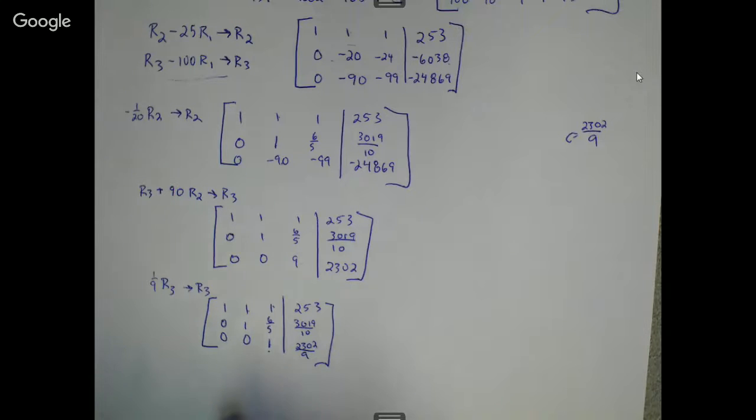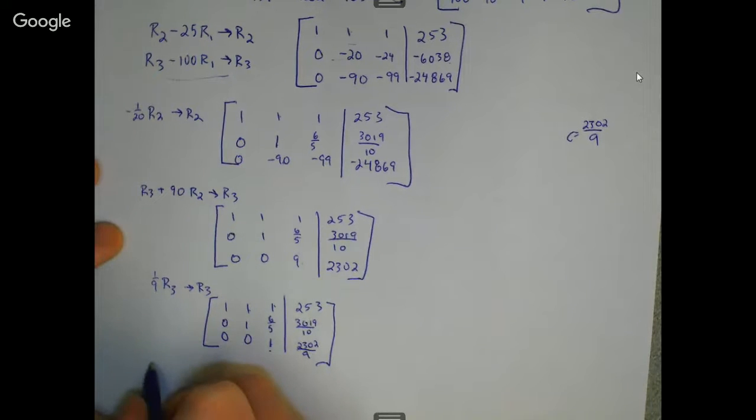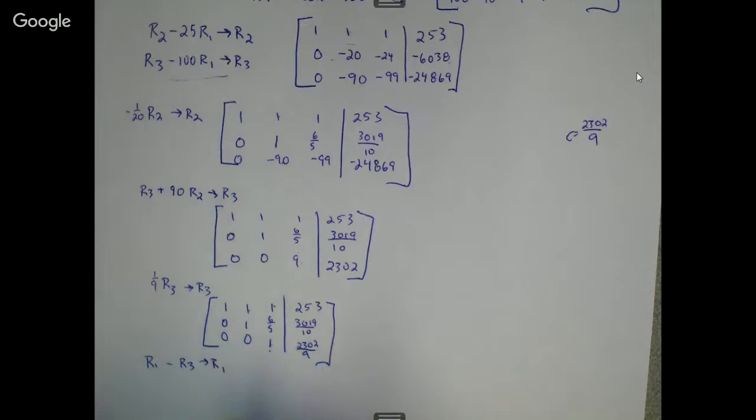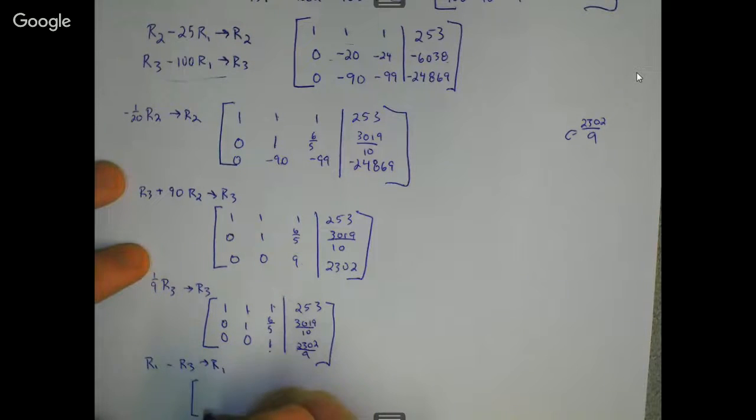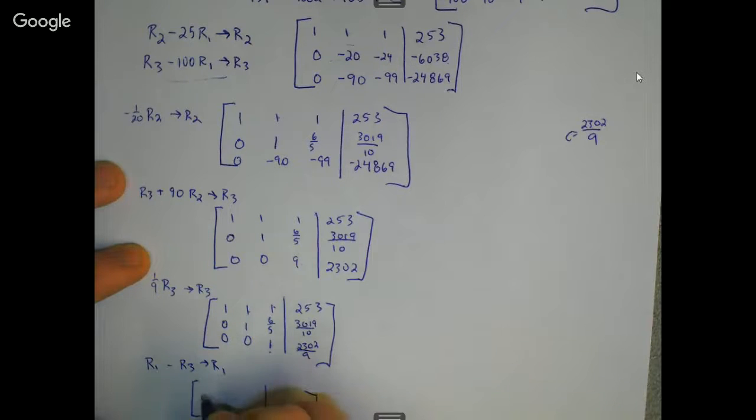Okay, so let's change row 1 minus row 3 back into row 1. Okay, so row 3 stays the same. Row 2 stays the same.